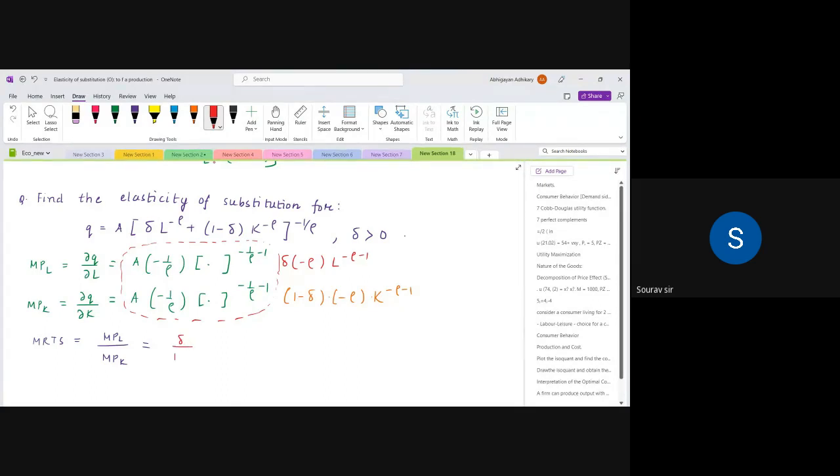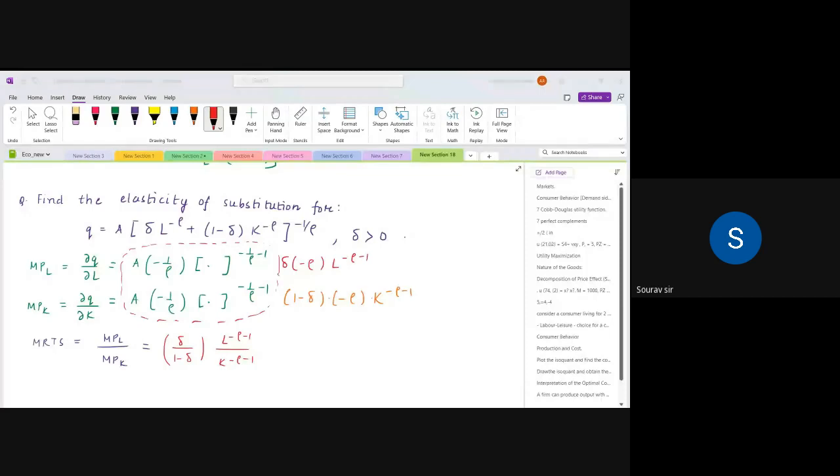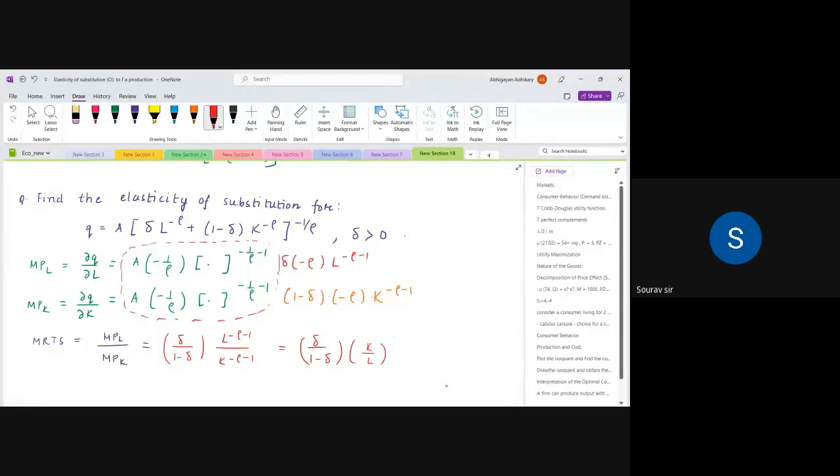So you'll have delta by 1 minus delta, L to the power minus rho minus 1 by K to the power minus rho minus 1. If we just flip it around, delta by 1 minus delta, and this will become K by L whole to the power rho plus 1.